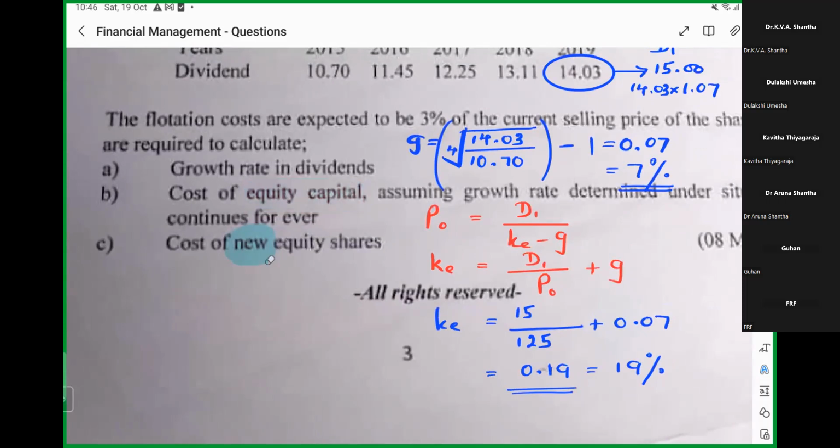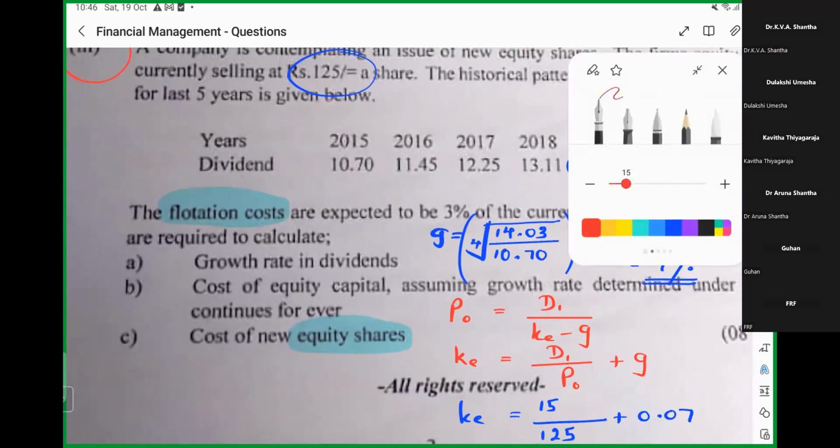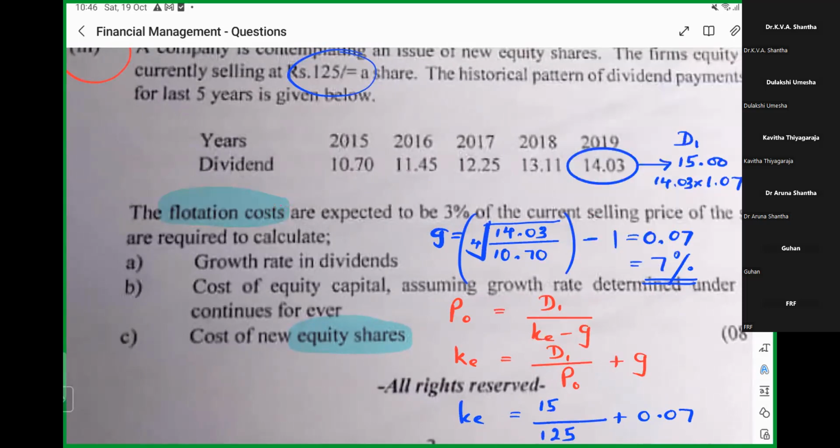So when you calculate the cost of new equity shares, we have to adjust for flotation cost. Flotation costs are the cost of issuing shares. So we know there are costs when a company issues shares.